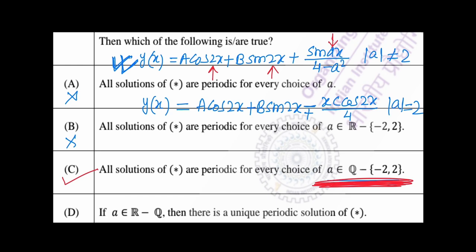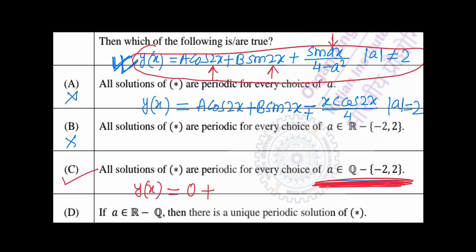And D, in D you have to take only irrational numbers. For that we have to take the first function, this function. In this function, if you take y(x) equals capital A, suppose capital A is 0, then this will be 0, this will be 0, and here, suppose you take a equals root 2, then sin root 2x by 4 minus 2.